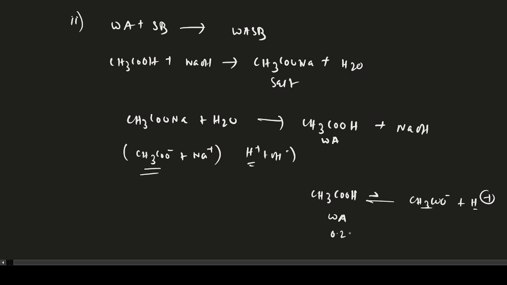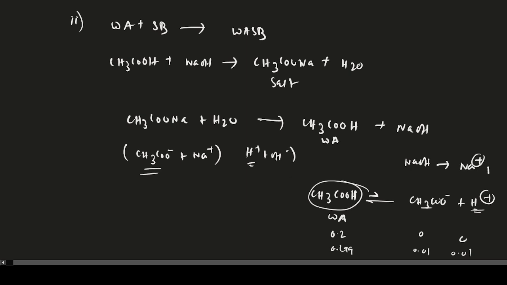Suppose this is 0.2 molar, this is present 1.99 and this is present 0.01, 0.01. So the maximum amount will be present in this form. And NaOH is a strong electrolyte, so in solution it again dissociates into Na plus and OH minus.